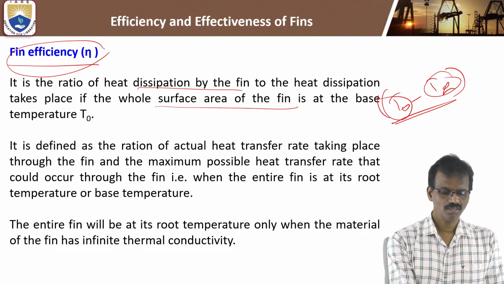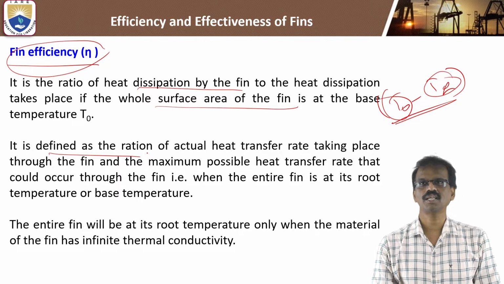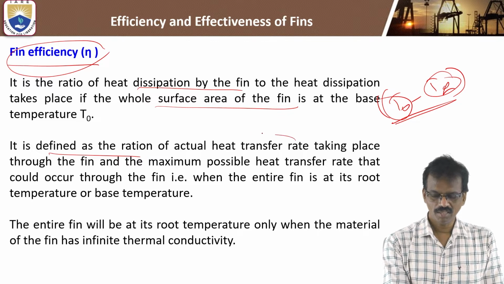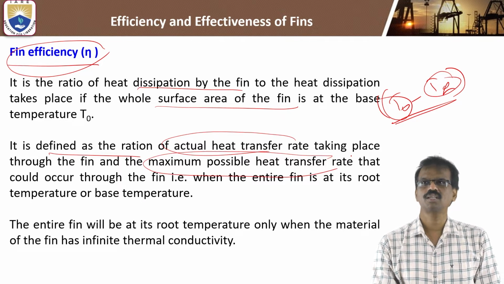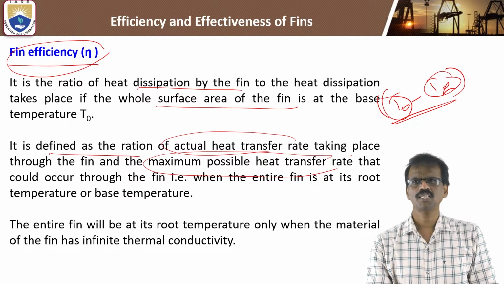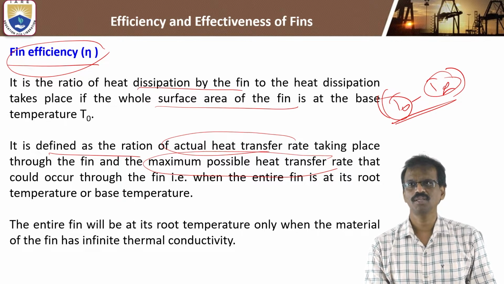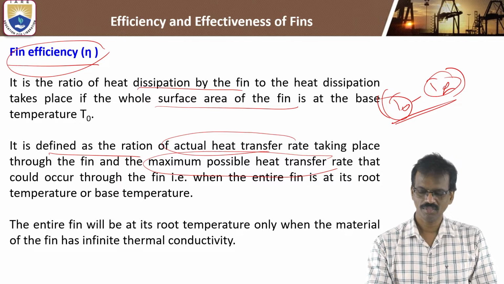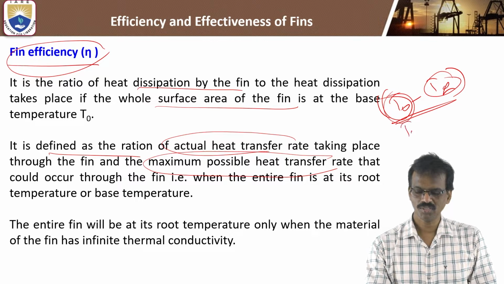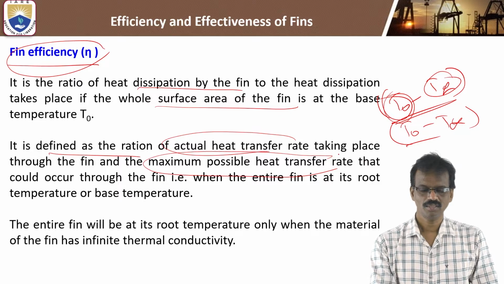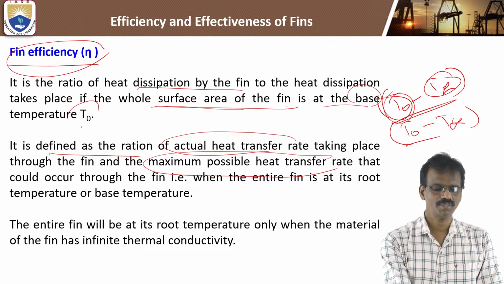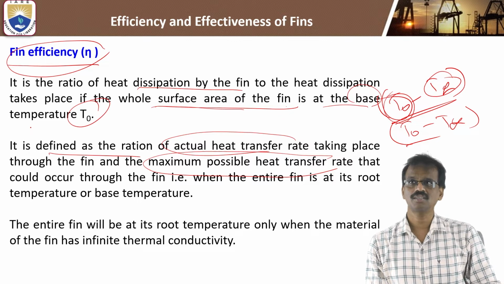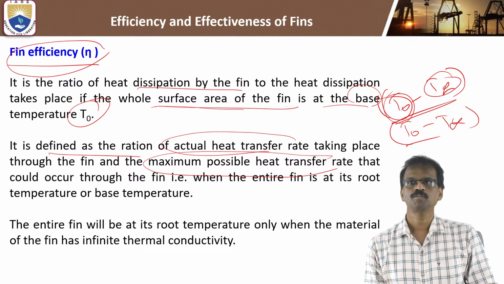So we can define it like this: it is the ratio of actual heat transfer of the fin to maximum possible heat transfer of the fin. The maximum possible heat transfer will occur when the temperature difference is equal to T naught minus T infinity. It means if you assume that the whole surface area of the fin is at base temperature, the temperature difference will be high.